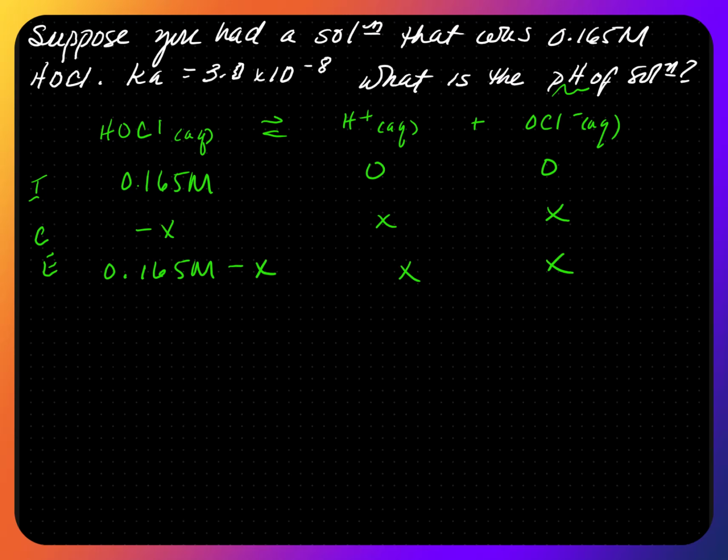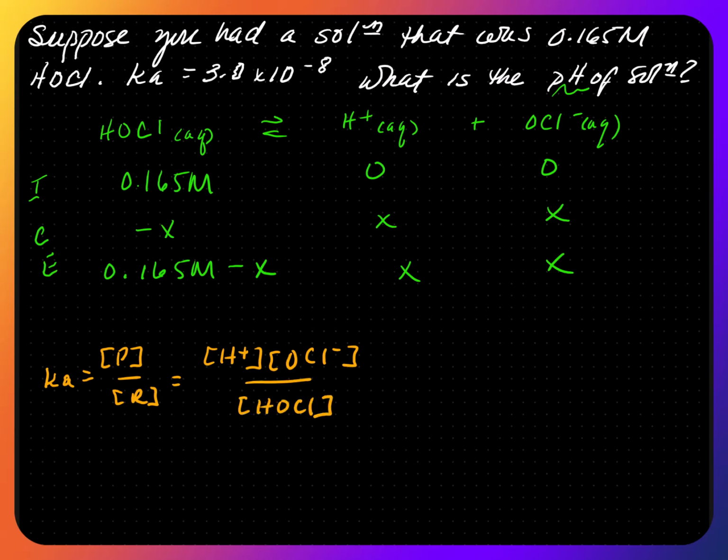Now we're going to write the equilibrium equation. So Ka is products over reactants. We have H+ times OCl- over HOCl.